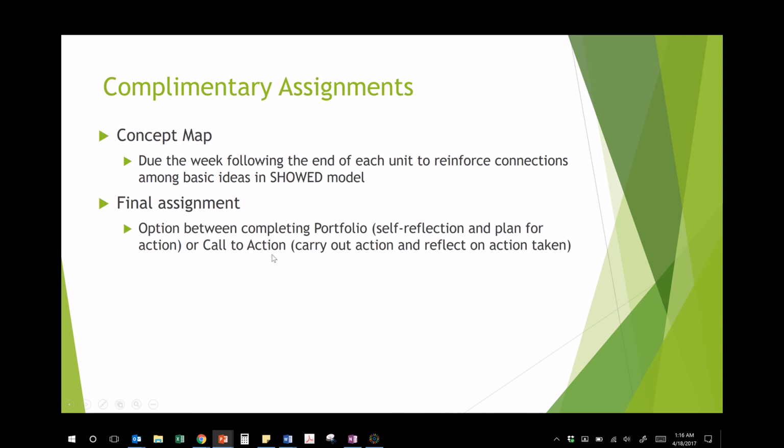Or for those students that may have already had a fairly good understanding of themselves relative to the different isms studied and maybe were ready for action, this assignment allowed them that opportunity, which would then be followed by reflection on that action taken so that they could identify their next steps. So this again was to reinforce the critical reflection piece in that transformative learning context.